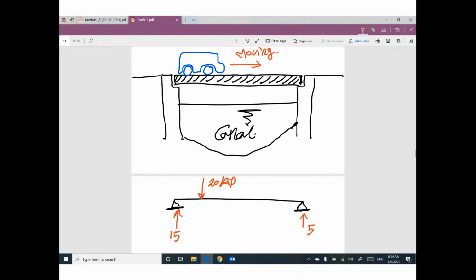After probably less than 1 second, this truck moves to this position, so we don't have this one right now.